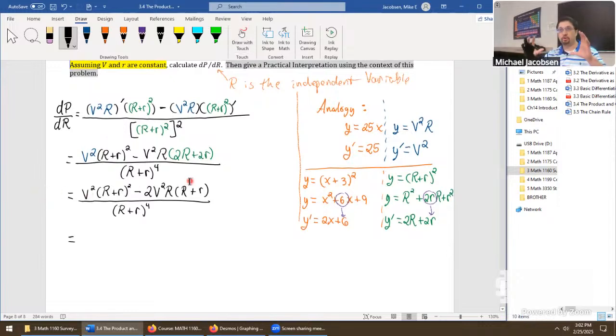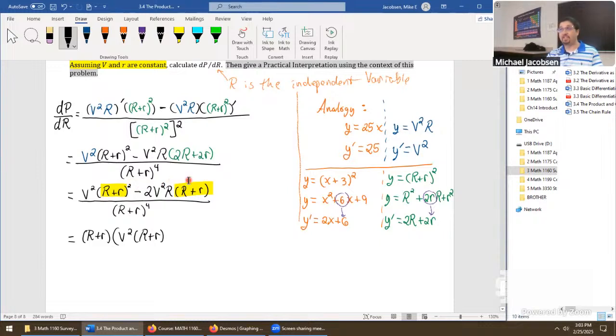R plus r as a group factors out of this whole thing. So I'm going to take it out of here and out of here. Here it is factored out. Factoring is a form of division. So on this first term, we have v squared times R plus r to power 1, because we only factored out 1 power. Drops that exponent to a 1 now.